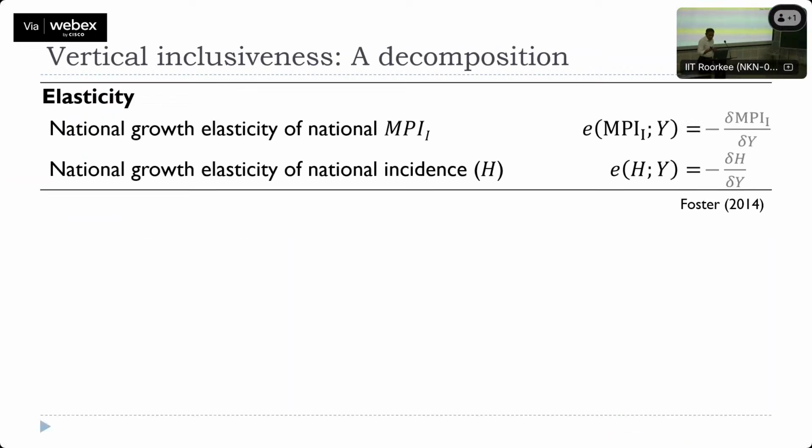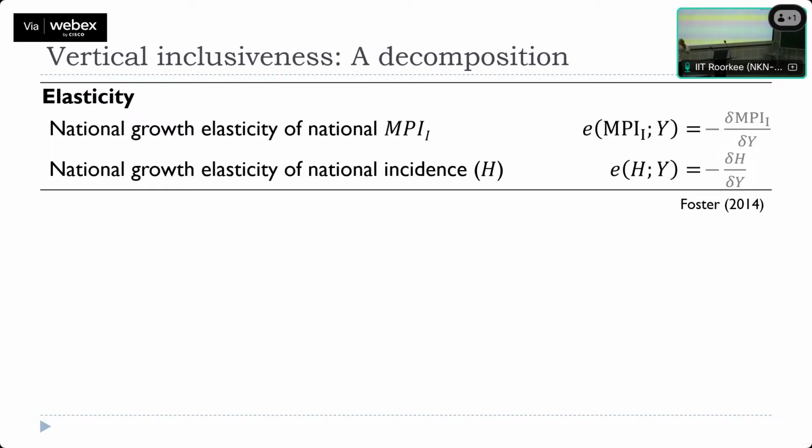Now, let's try to perform some decompositions. What we are going to see now is, for every state, you have a change in growth. Because of that growth, suppose you have been able to reduce the headcount ratio.